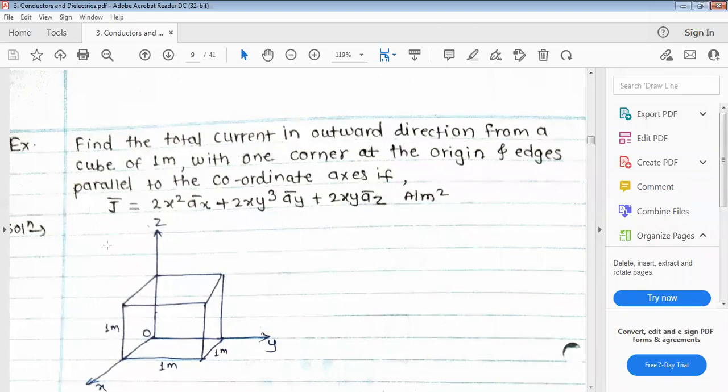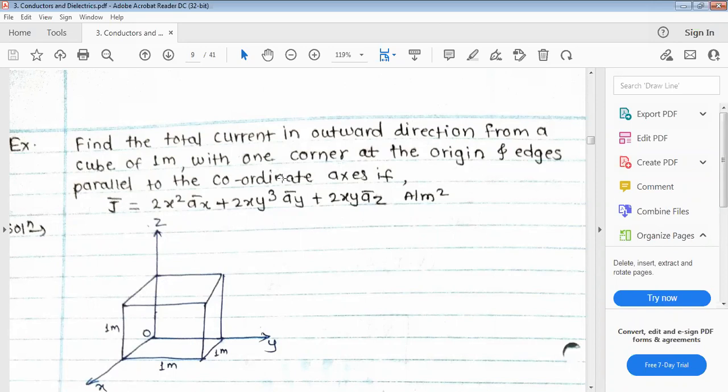So you can see such a diagram is drawn here. One corner of this cube is at the origin, and the edges of this cube lie along the x, y, and z axes. The x axis makes one edge, the y axis makes one edge, and the z axis makes one edge.